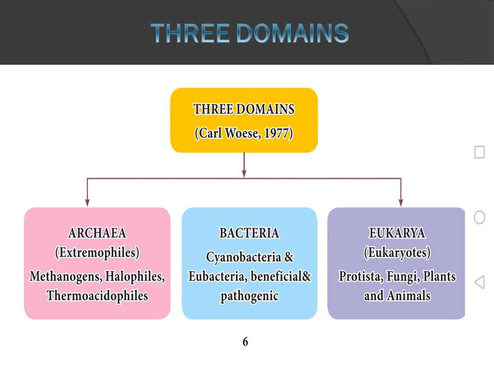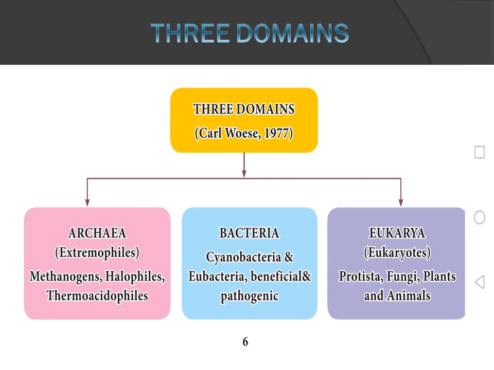This system was given by Carl Woese in the year 1977. Let us see how he classifies the organisms. The entire organisms, every flora and fauna, he classifies under three different categories: archaea, bacteria, and eukarya.